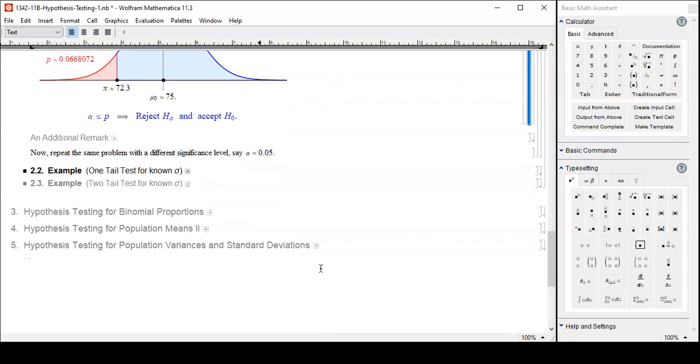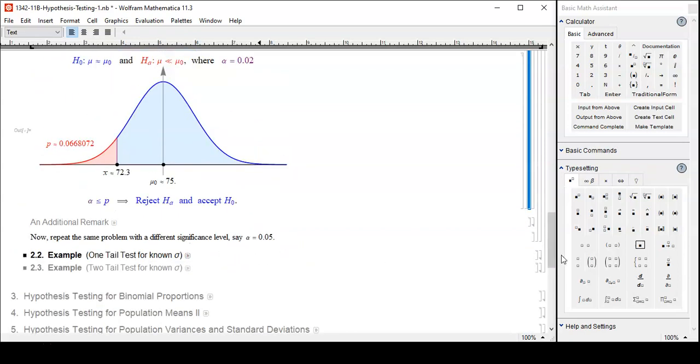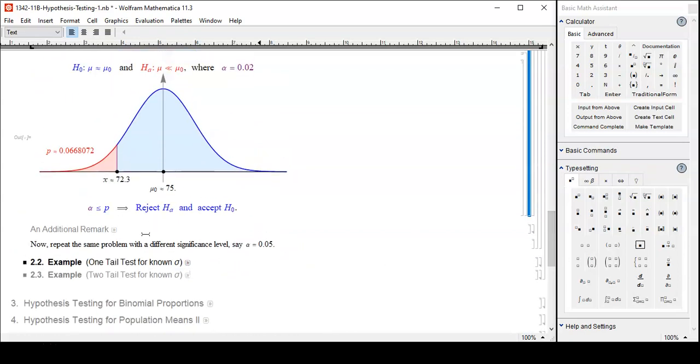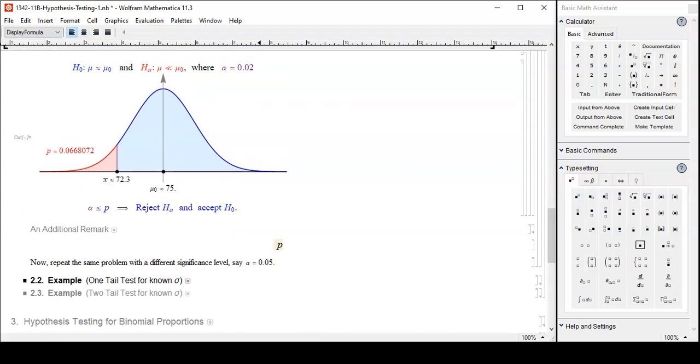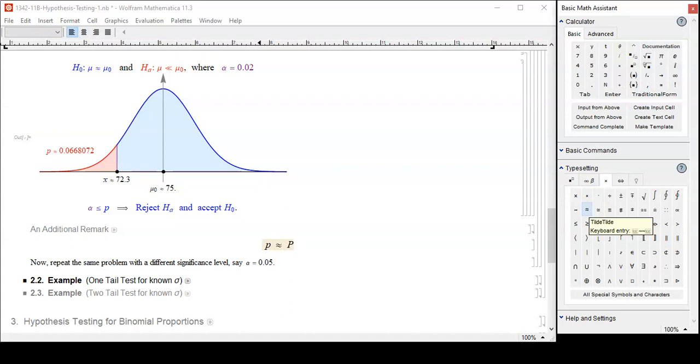Not entirely correct, but a good way to work out this is to do it this way. This probability value is, roughly speaking, the probability that the null is right. It's not exactly equal to that, roughly speaking.